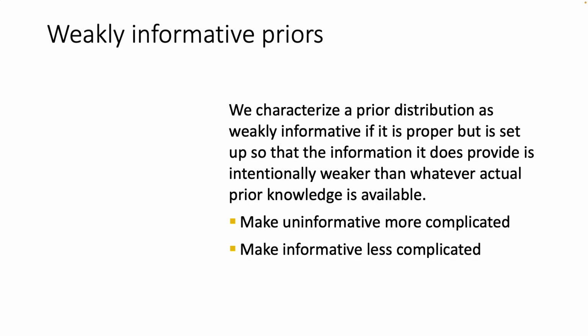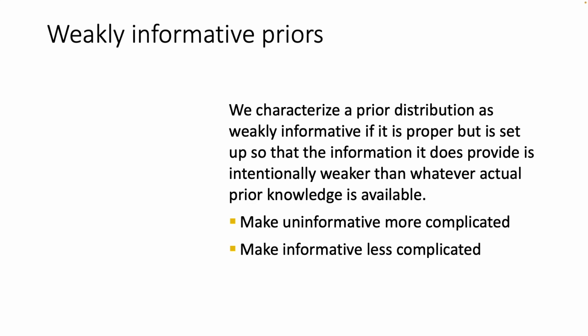But a weakly informative prior is always proper. Those are improper. So it's a real probability distribution which does not introduce much information, but provides certain structure, generally some kind of regularization.